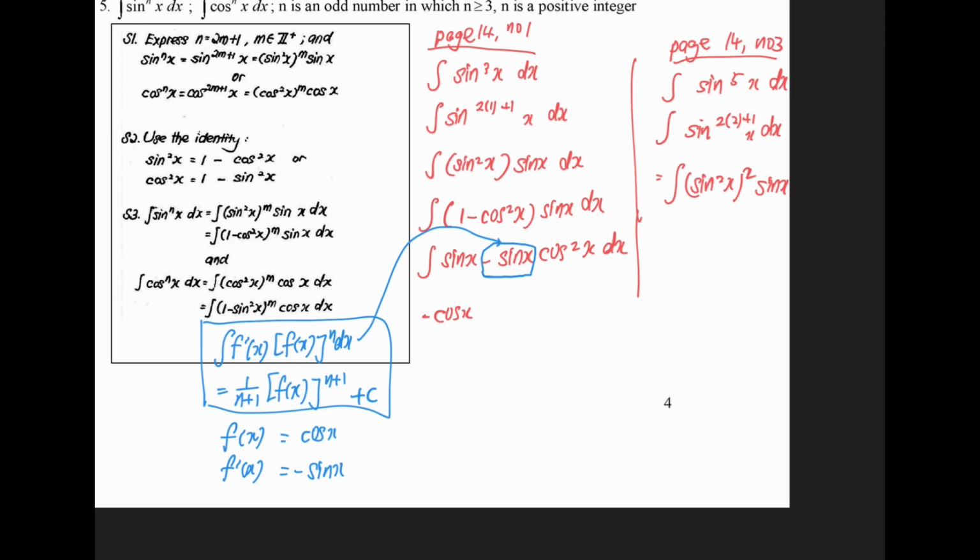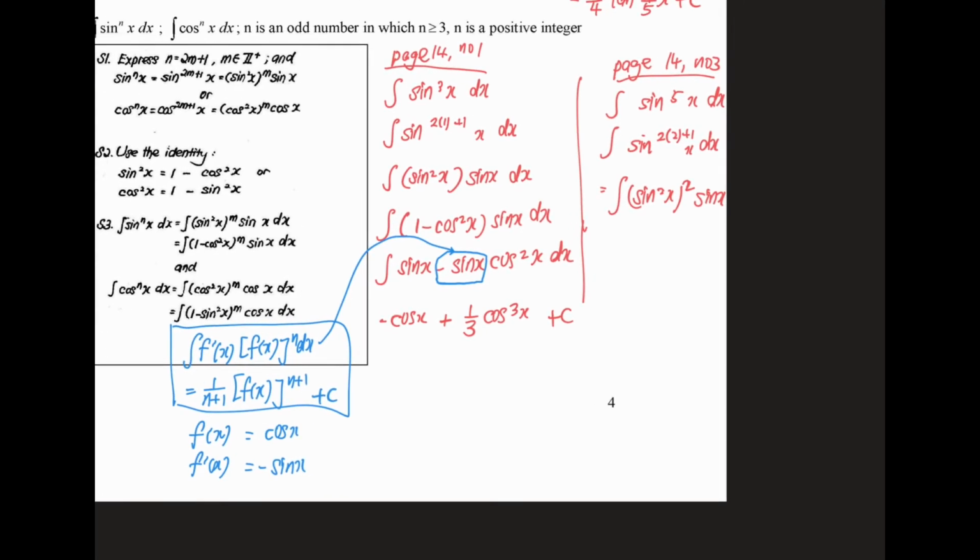The negative is taken as f prime of x, so we end up with positive. I need to add 1 to the power, so I will get 3, so I divide by 3, cos cube x. Sorry, no more dx after integration, plus c. So that is the answer.